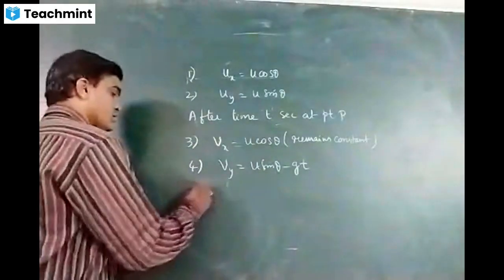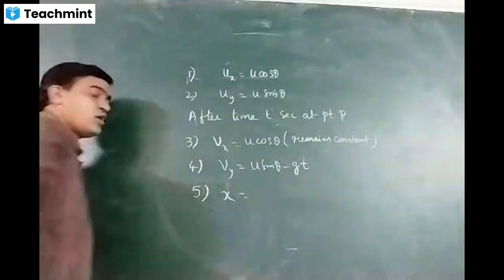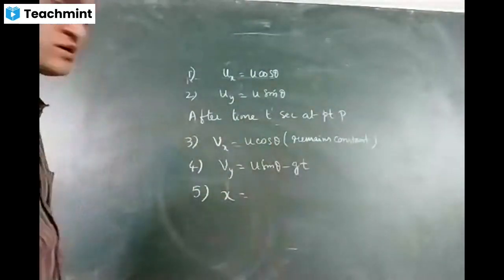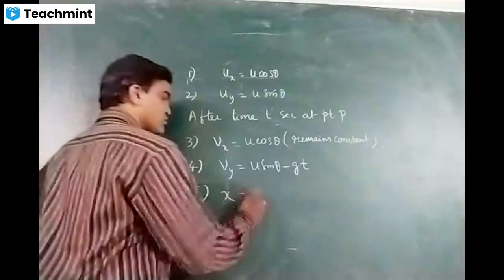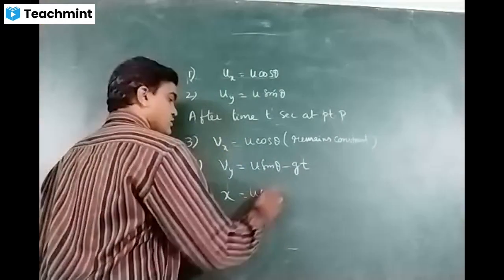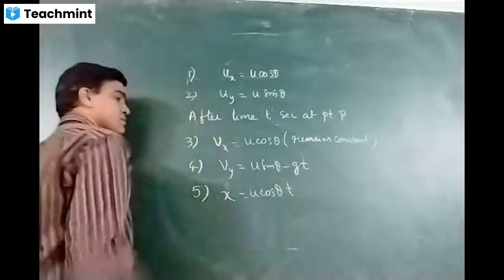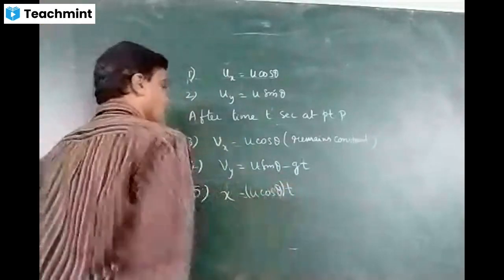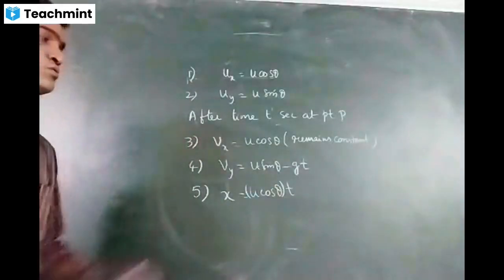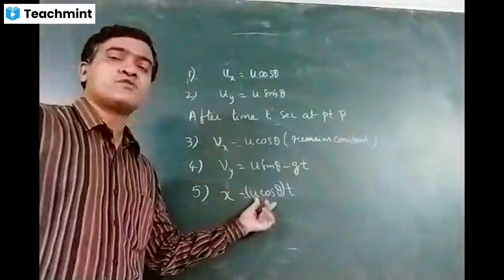Fifth one, what is x? Horizontal distance is equal to u cos θ into t, horizontal component of velocity into time.